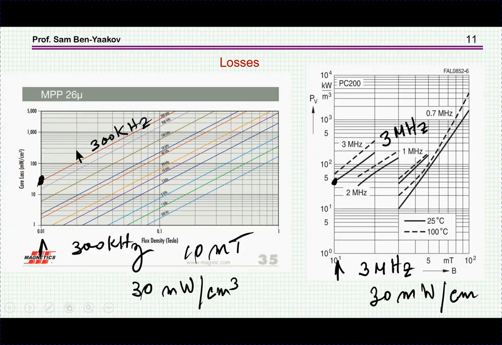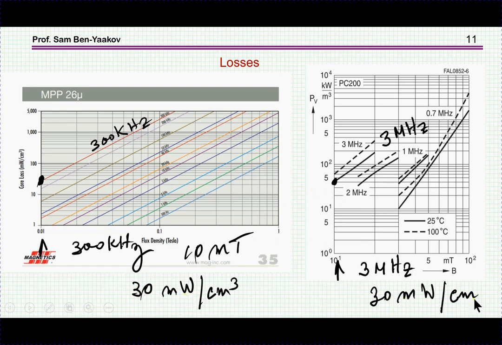Now I can compare it to another point. Here, let's go to 300 kilohertz, with a small delta B, only 10 millitesla, and we find that this is 30 milliwatt per centimeter cube, while here we add, for the 10 millitesla and 3 megahertz, which is 10 times larger, we found just about the same core losses.